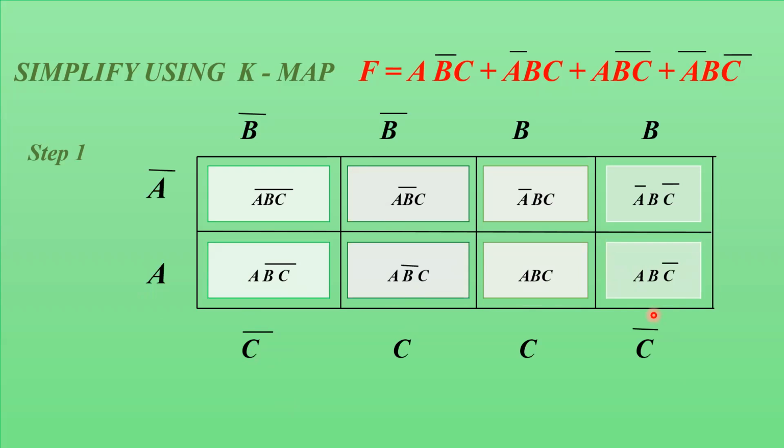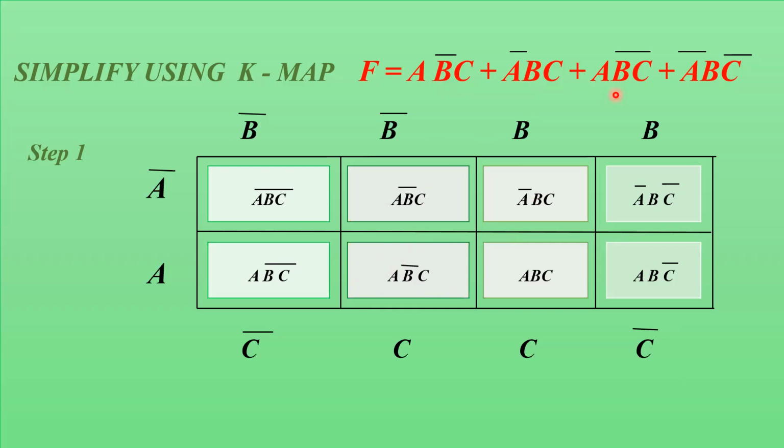Now, according to the equations, we will add the values. First one is A, B complement and C. Where is A? This one. Put the value of 1. Then A complement BC, this one, put the value 1.